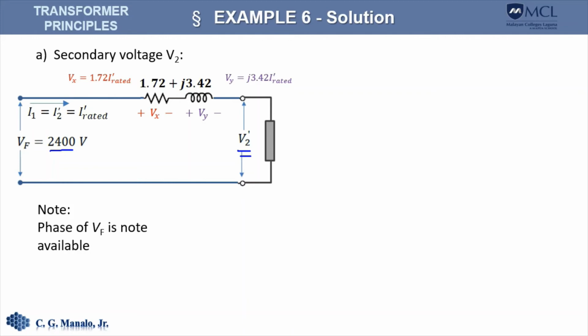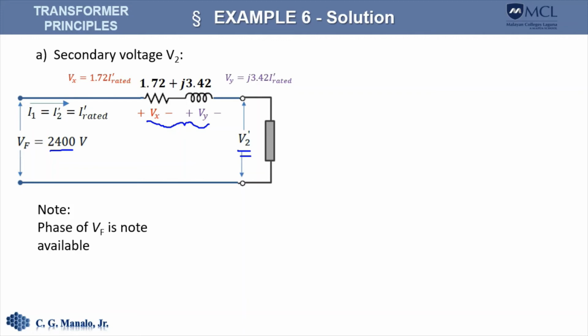So what we can do here is draw the phasor of the quantities involved. So V sub 2, the voltage V sub f, and the voltage drops across the resistive and inductive components of these elements. So let's do that.